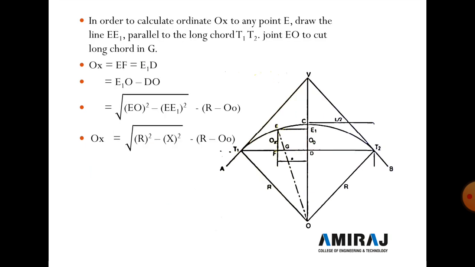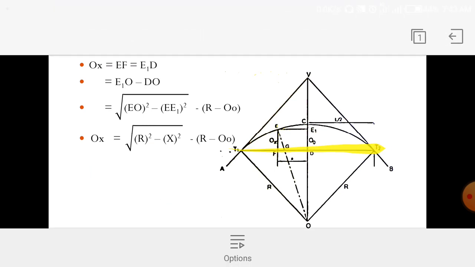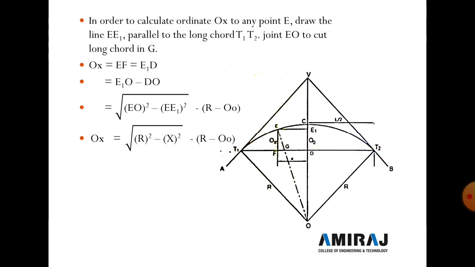Now in order to calculate the ordinate OX at any point E of the curvature, the line EE1, at distance X, is parallel to the long chord T1T2, and EO cuts the long chord at G. Now we take a triangle.